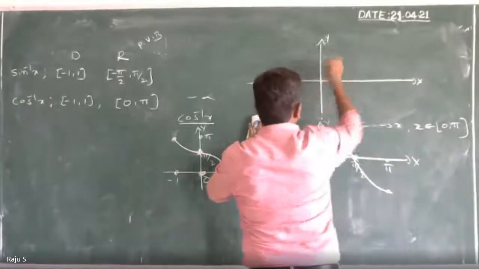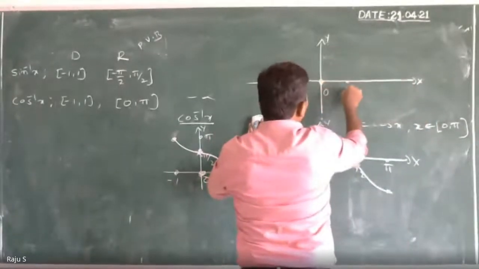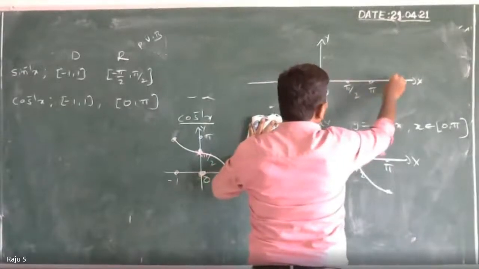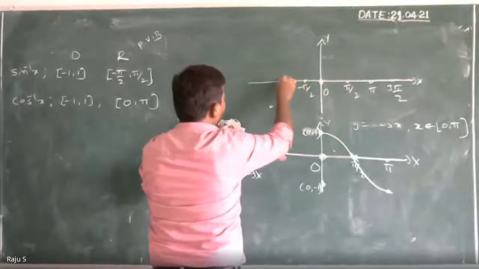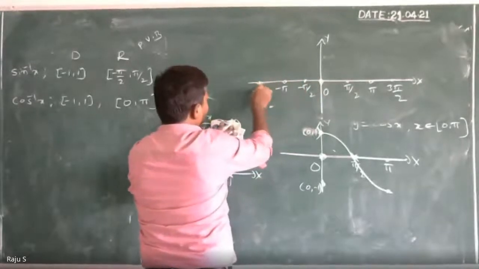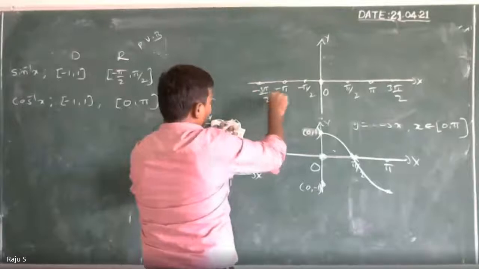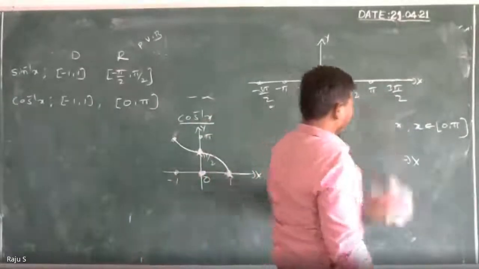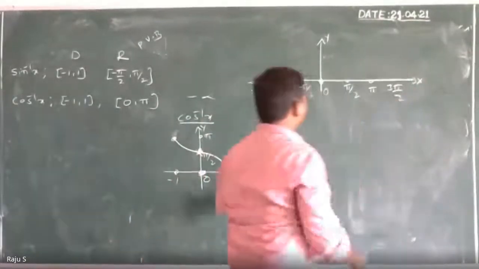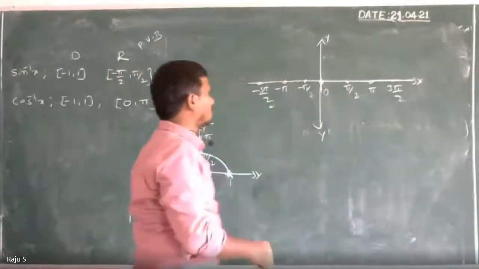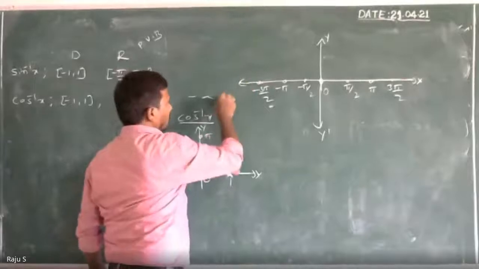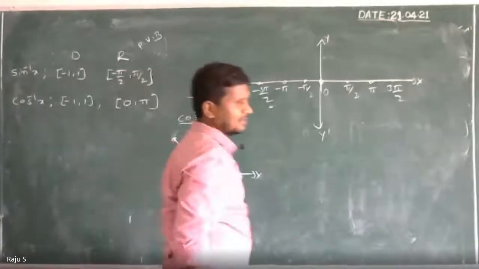X-axis, y-axis, same: 0, 90, 180, 270, that is 3 pi by 2, minus 90, minus 180, minus 270. Students, can you tell me what is tan 0? I'm taking minus infinity to plus infinity.